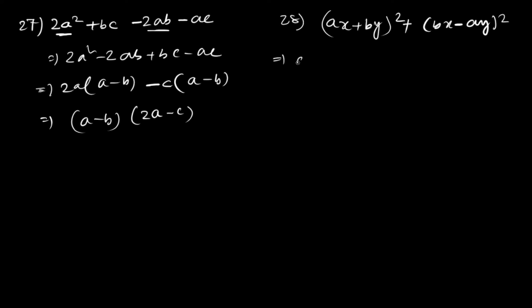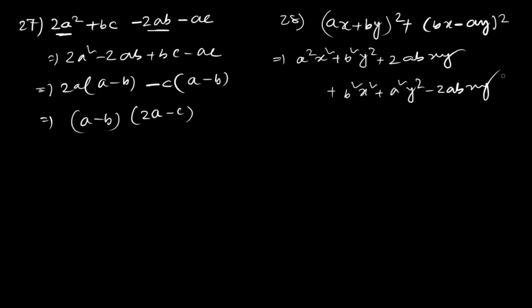So a square x square plus b square y square plus 2abxy plus b square x square plus a square y square minus 2abxy. This one gets cancelled.